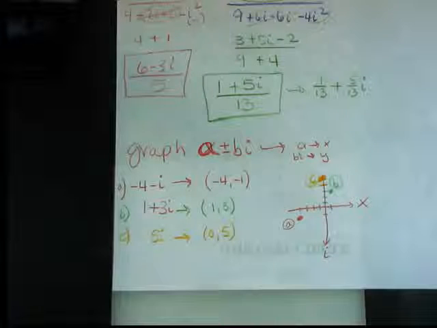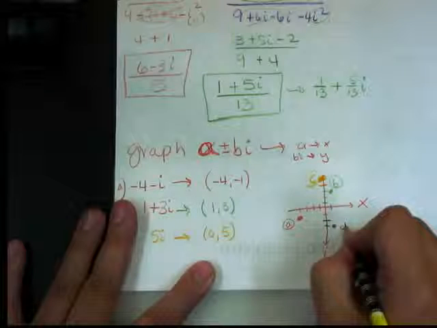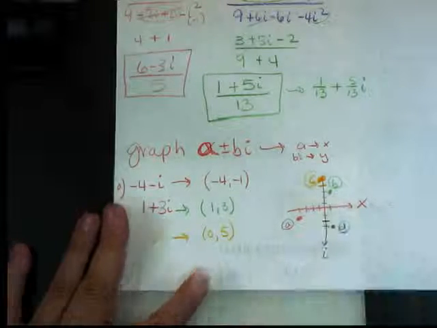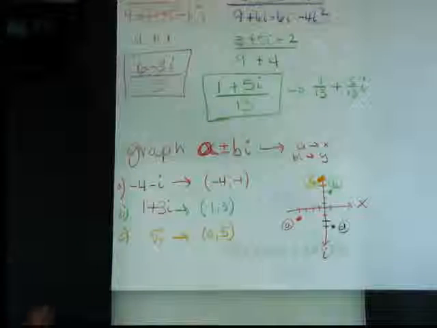All right, let's go backwards. If I gave you the point D down here, could you give me the, well, coordinate, but then the complex number of that representation?